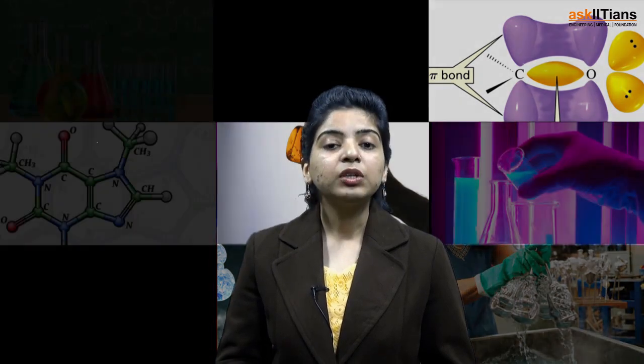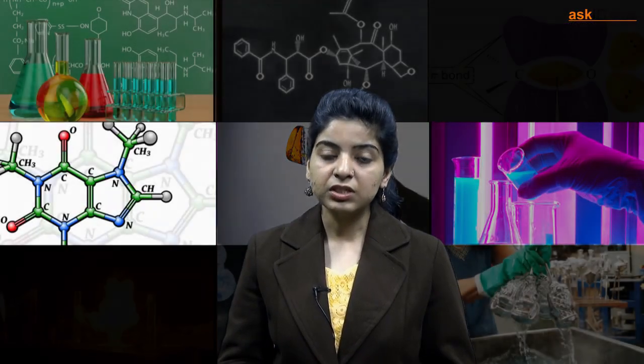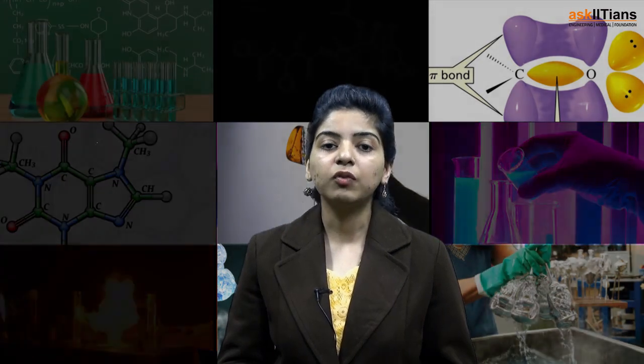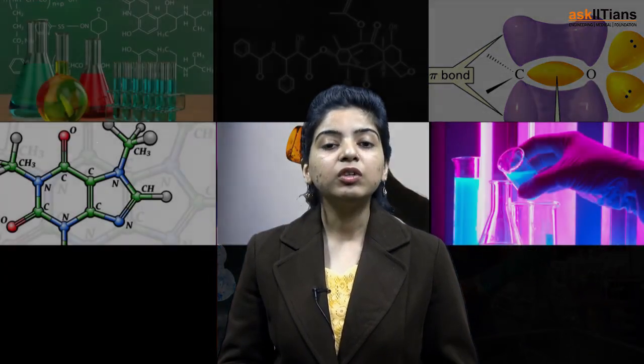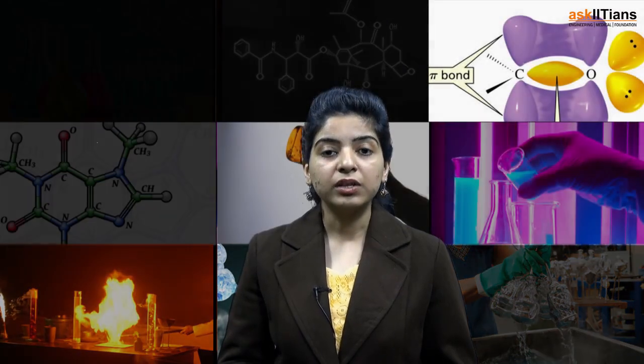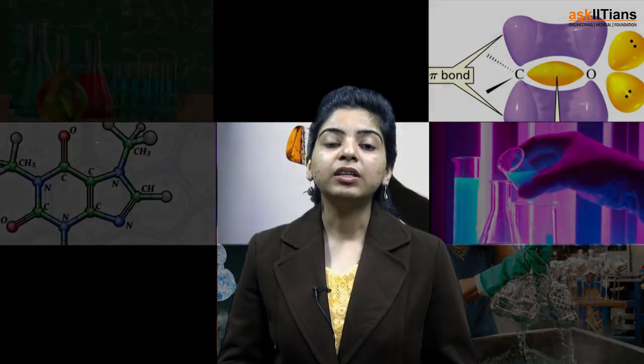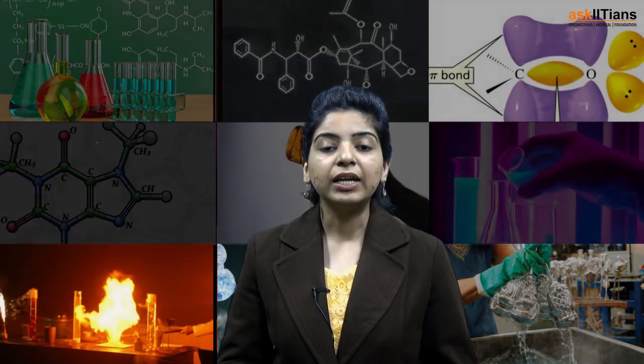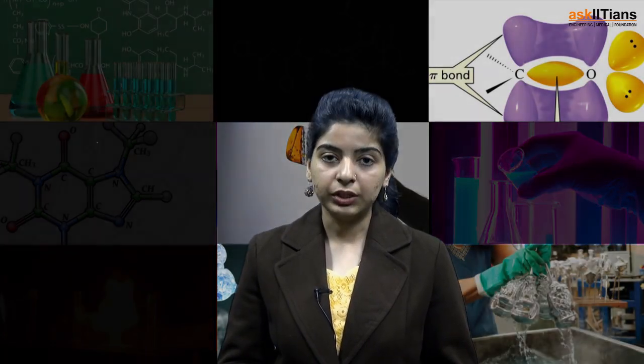Then we moved to the algebra of complex numbers, that is addition, subtraction, multiplication and division of complex numbers. Then we switched to the geometry of complex numbers, which was quite a vast topic. We also studied the concept of de Moivre's theorem, cube roots of unity and nth roots of unity.